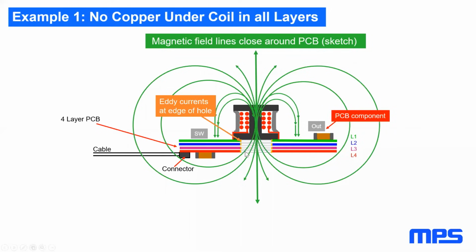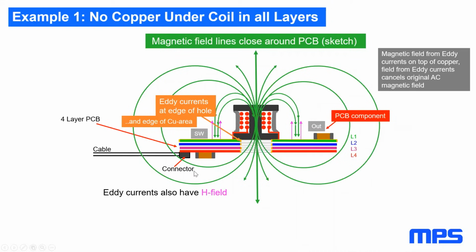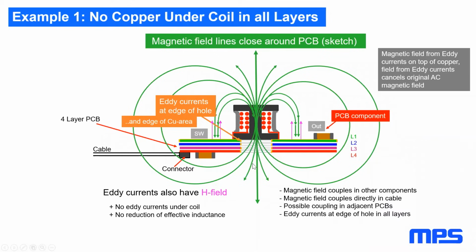At the edge of each layer, we have strong eddy currents at the hole, and there's no quiet place in the system to place connector or filter components. The benefit is that inductance is not reduced and we have no losses due to eddy currents.